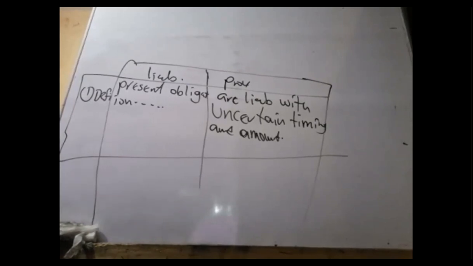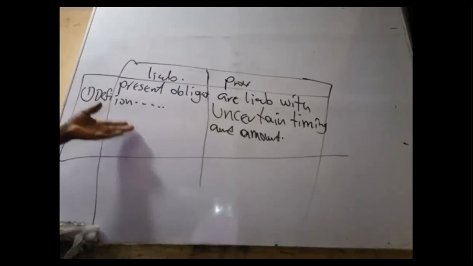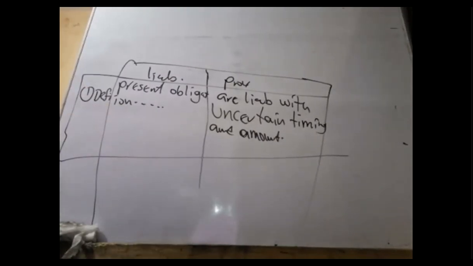A provision simply means you are owing, but you don't know the exact amount to be paid. Circumstances today have imposed a certain liability on you that you don't need to pay today; you pay in future. Provisions are to be settled in future dates. Liabilities, that one now.